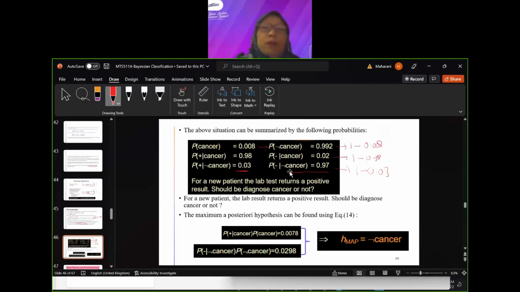A new patient comes to you and you want to diagnose, to predict whether the patient has cancer or not. Of course you want to see the test first, whether the test is positive or not. So therefore we use equation 14.